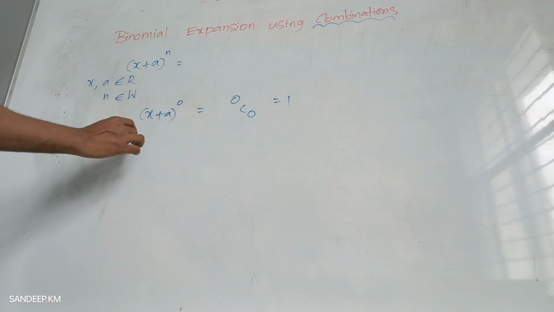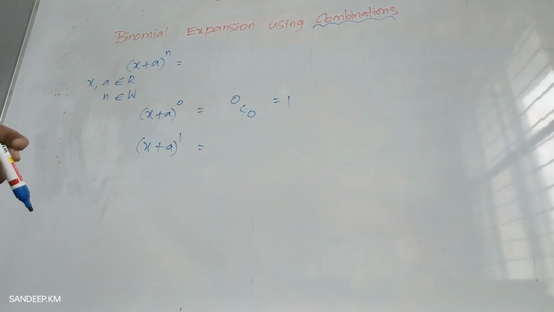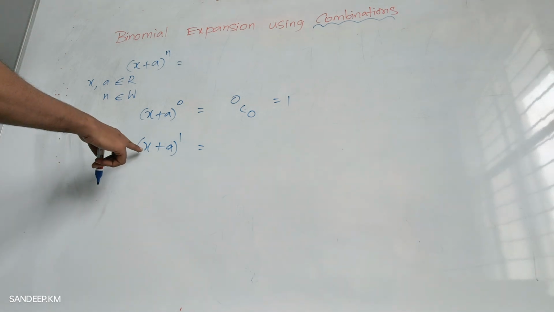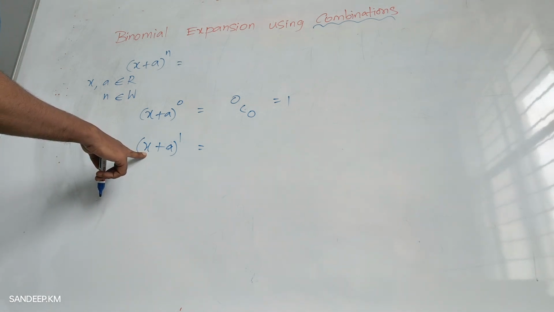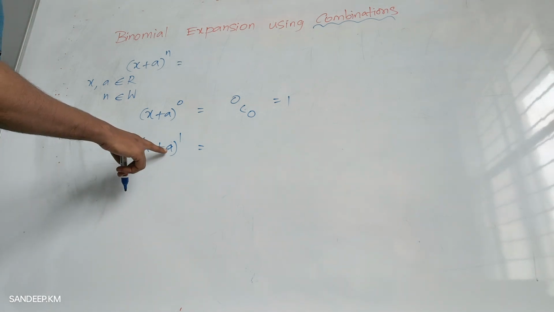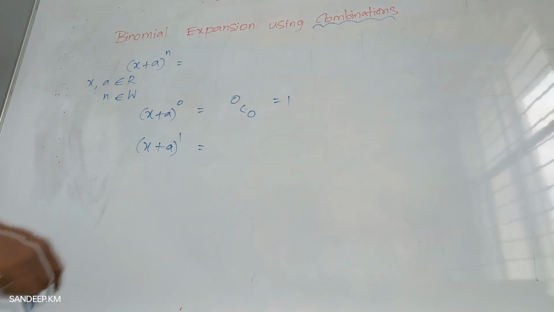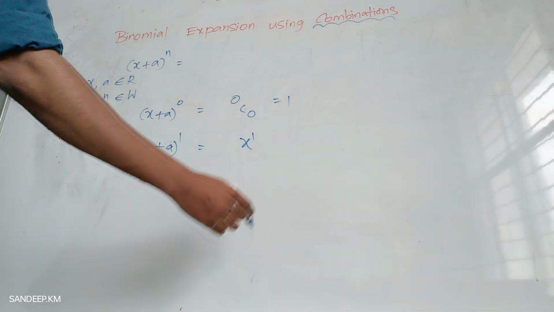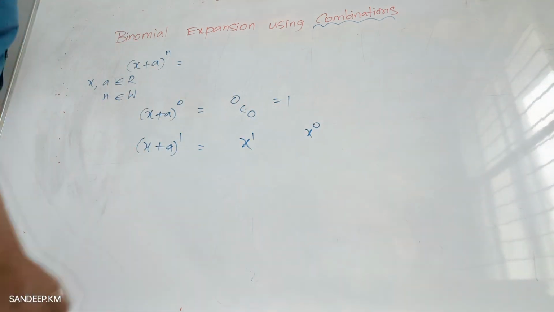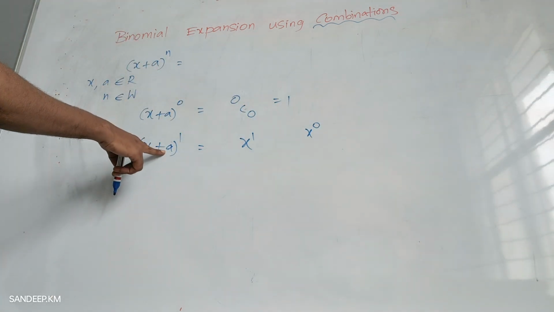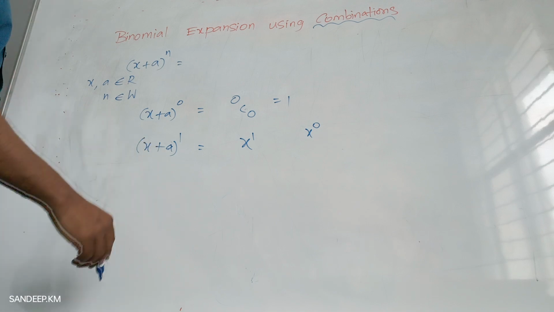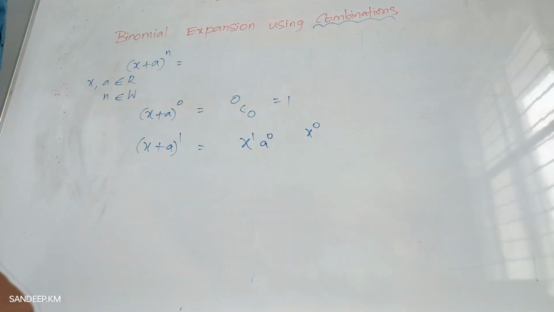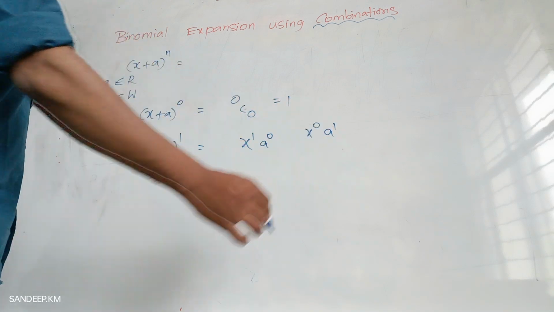Next, what about (x plus a) whole power 1? First, dear students, start writing x powers in decreasing order, then write a powers in increasing order. The highest power of x is x power 1 and after that x power 0. And we will start writing a powers in increasing order. The lowest power of a is a power 0 and then a power 1.